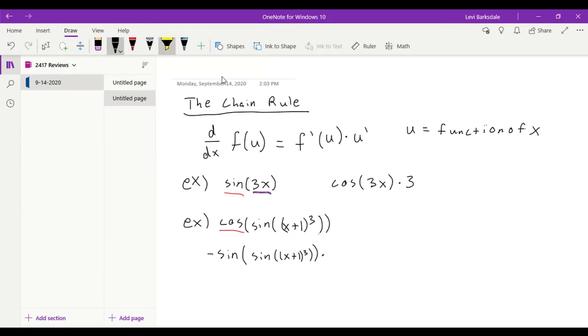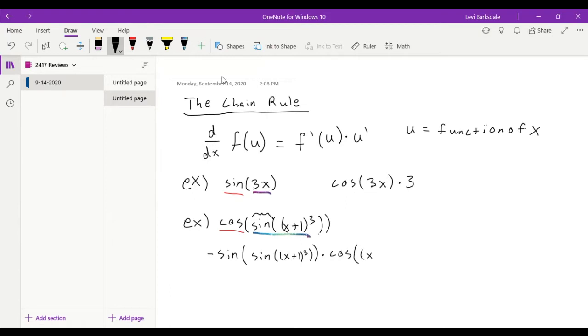So then, in order to take the derivative of the inside, we're actually going to need to use the chain rule again. So first, this is going to be our new outer function, the sine of x. So the derivative of sine is cosine.